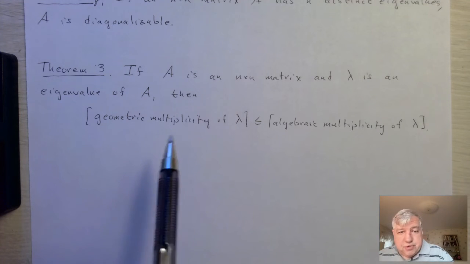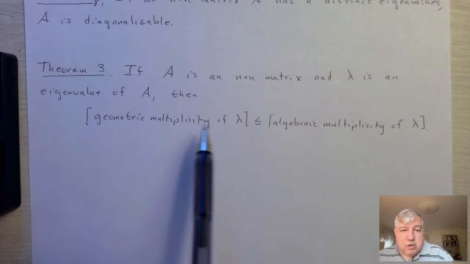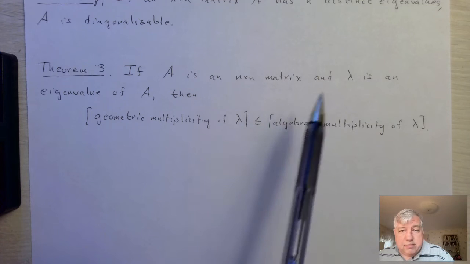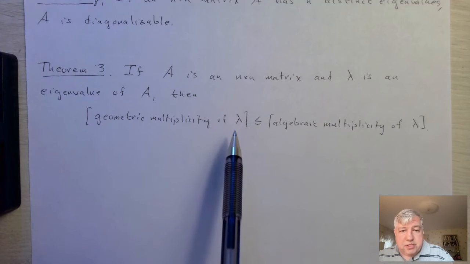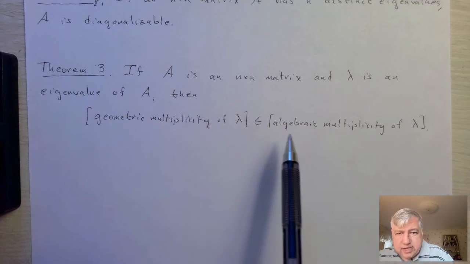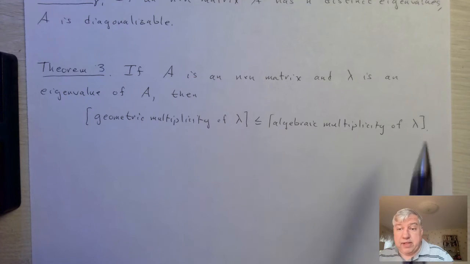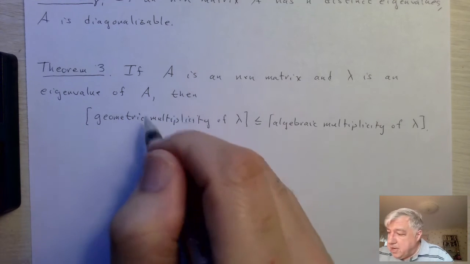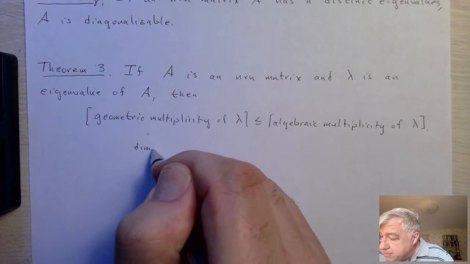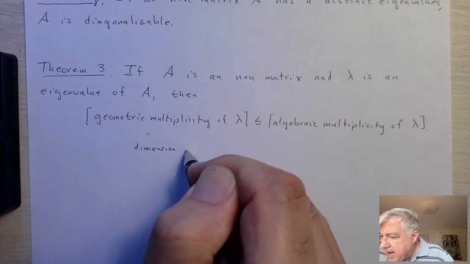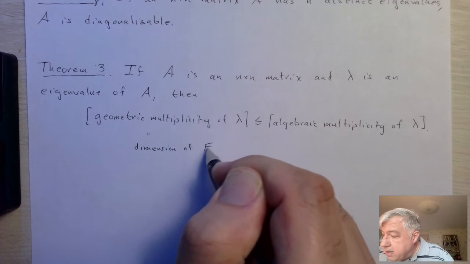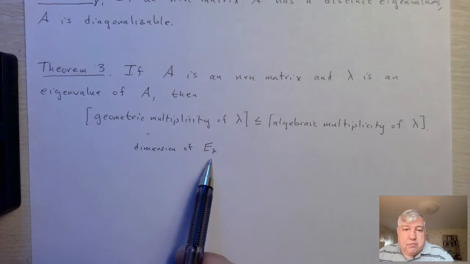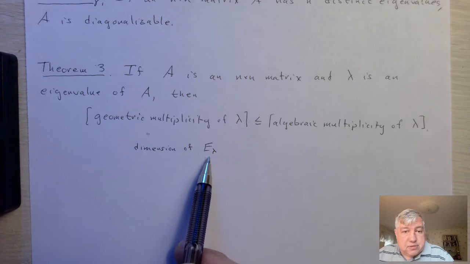We have this result that says that if lambda is an eigenvalue, the geometric multiplicity of lambda is always less than or equal to the algebraic multiplicity of lambda. Before we go on, let me remind you that the geometric multiplicity is the dimension of the eigenspace E lambda, which consists of all the eigenvectors corresponding to lambda along with 0.